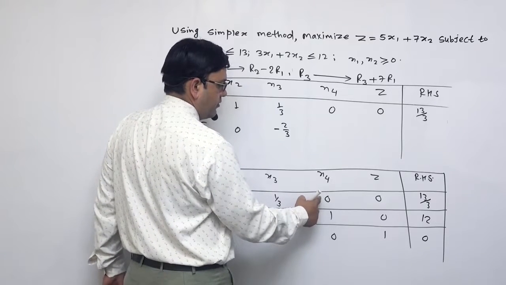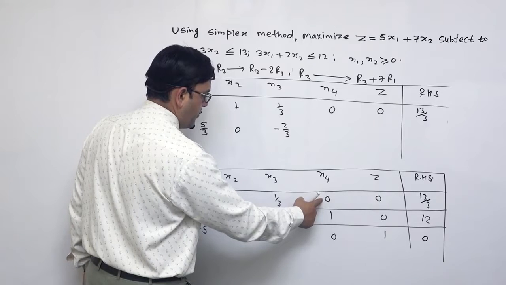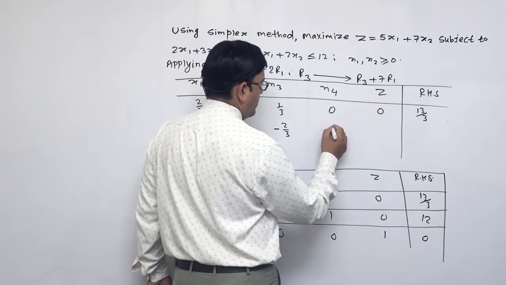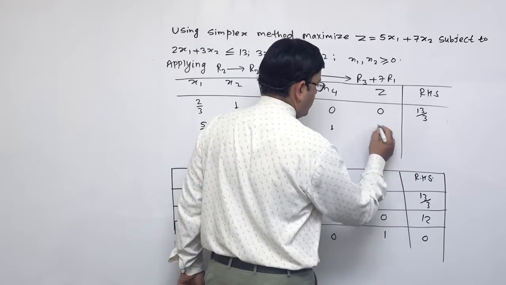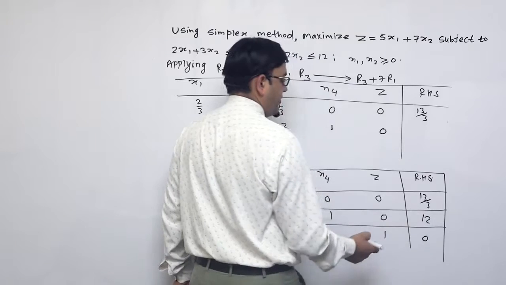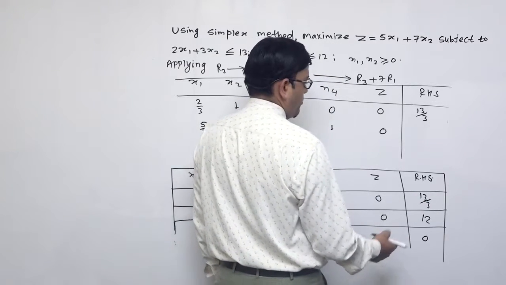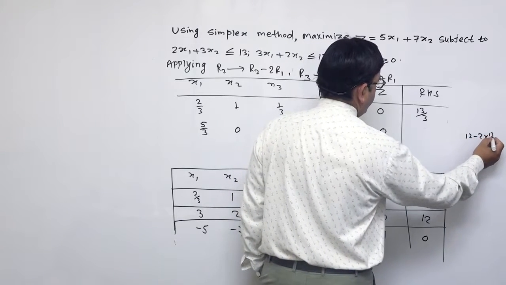Similarly we have this one is 0, फेरि हेरौँ है, 0 1 minus 0 is 1 भयो। Similarly 0 minus 0 is also 0, and then 12 minus 2 times, हेर्नुस् है, 12 minus 2 times 13/3.